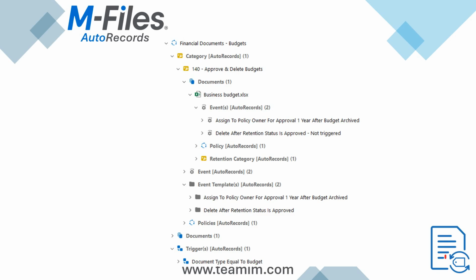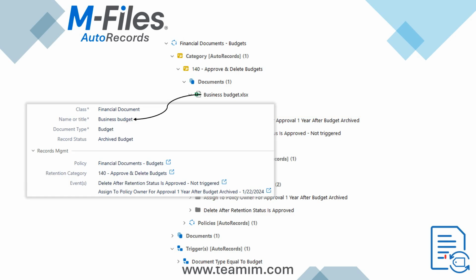Once AutoRecords runs, we can see how all this gets linked together. M-Files will automatically create all the associations between the policy, the retention category, the event templates, and ultimately the associated document. It will also schedule events, one to approve the document for deletion and another to delete it. When we look at the document, we can see the records management properties including the associated events.